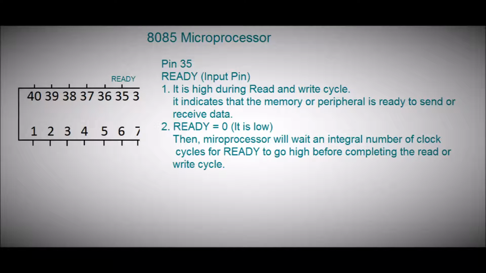Pin 35. READY, input pin. 1. It is high during read and write cycle. It indicates that the memory or peripheral is ready to send or receive data. 2. READY equals 0, it is low. Then, microprocessor will wait an integral number of clock cycles for READY to go high before completing the read or write cycle.